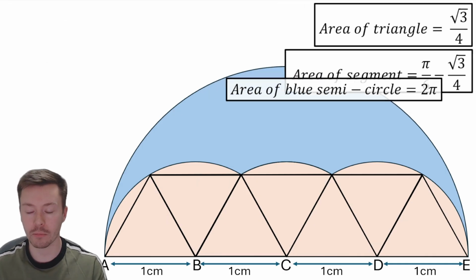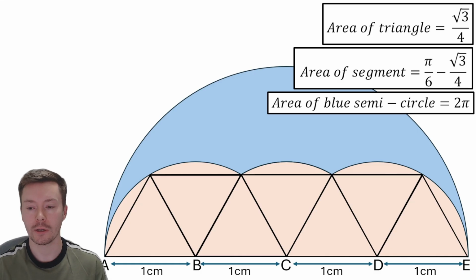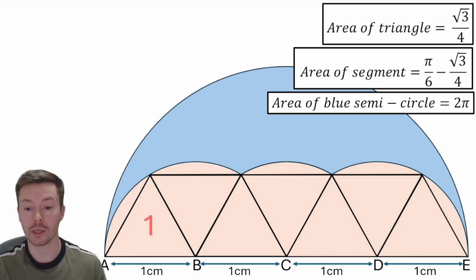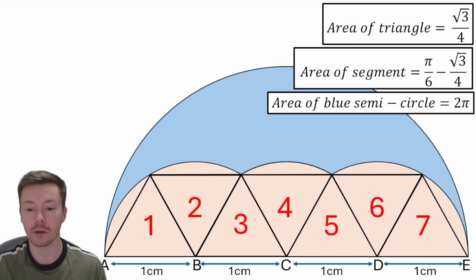Now let's tidy everything up, collect everything to the right-hand side. All we need to do now is take away the area of the triangles and the area of the segments from the area of the blue semicircle. And, well, how many triangles have we got? 1, 2, 3, 4, 5, 6, 7 triangles, and we have got 1, 2, 3, 4, 5 of the segments.